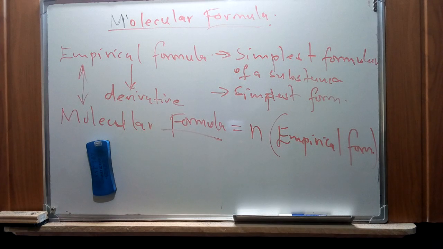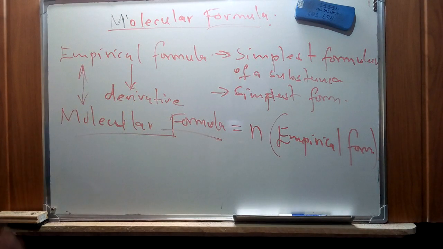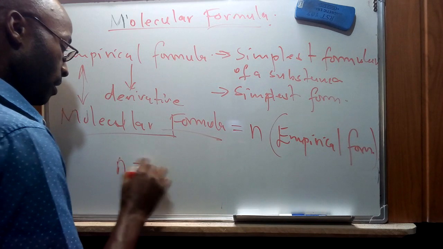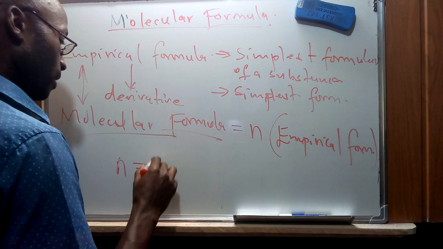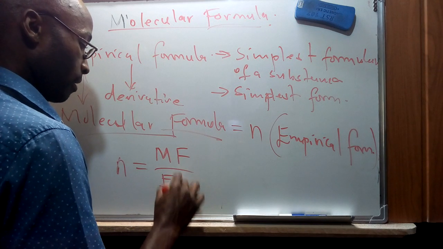And we're going to see that this particular concept is going to be applied in trying to find out how we can represent the molecular formula of different compounds. So in this sense, I can say that n is equivalent to the molecular formula divided by the empirical formula.